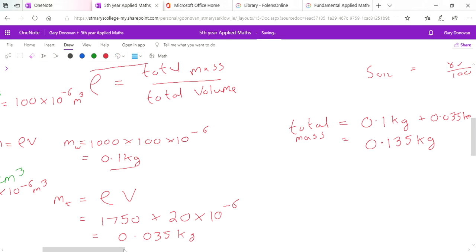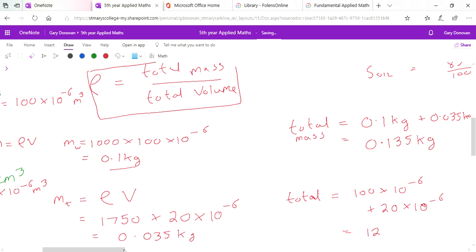And to get our overall density, we also need the total volume. So total volume will be the volume of the water, which we've already figured out is 100 times 10 to the minus 6, plus the volume of the treacle, which we figured out is 20 times 10 to the minus 6, which is 120 times 10 to the minus 6.